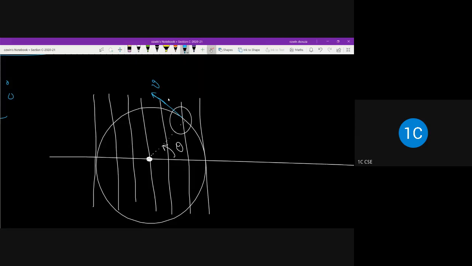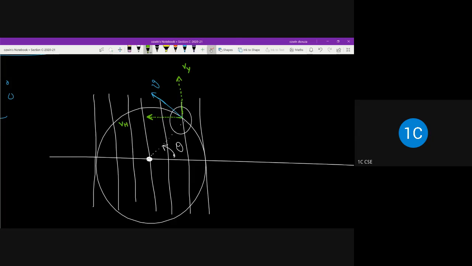Now, what we can do is resolve this velocity into two components, the x component and the y component. The x component is going to be something like this. You have studied resolution of vectors, right? And the y component is going to be something like this. Let's say this is Vy, and this is Vh.